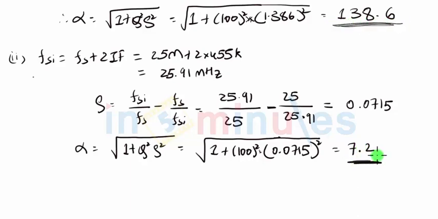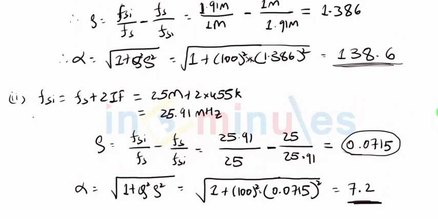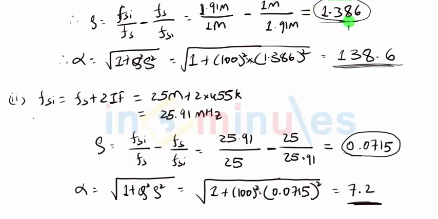This is mainly because of the reduction in the value of rho. In the previous case rho came out to be 1.386, but now it comes out to be 0.0715.